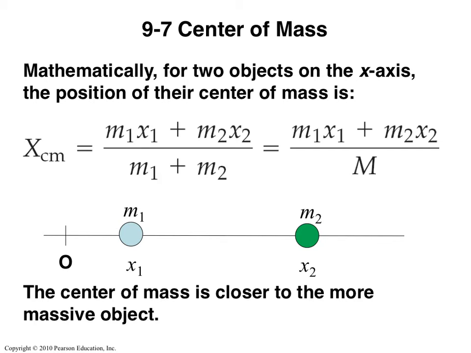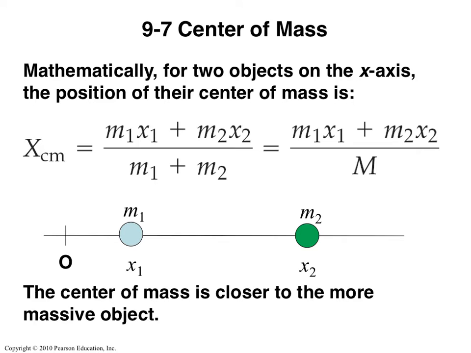Okay? So it has all the characteristics that you want for what you would, in your gut, feel to be the center of mass. Now, it's just a statement that the center of mass is closer to the more massive object.